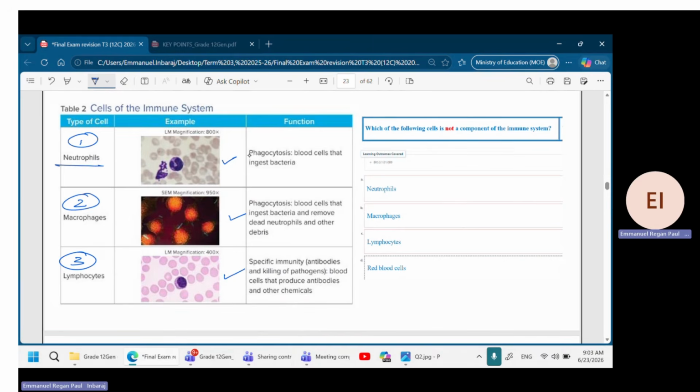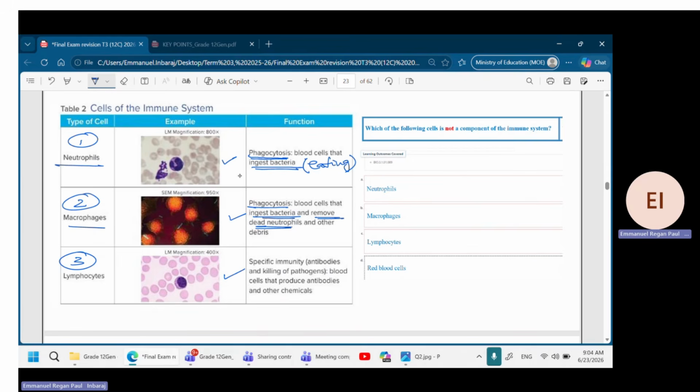Now, what are the functions of neutrophils? They help in phagocytosis. That means ingesting bacteria. Let's keep it in simple terms, eating bacteria. What about macrophages? They help in phagocytosis, which means ingesting bacteria. And they do one more thing. They remove dead neutrophils.